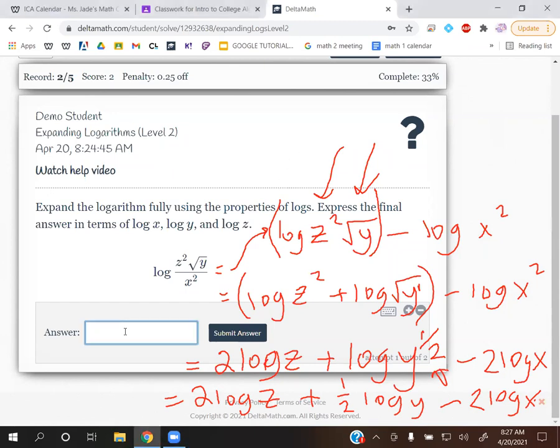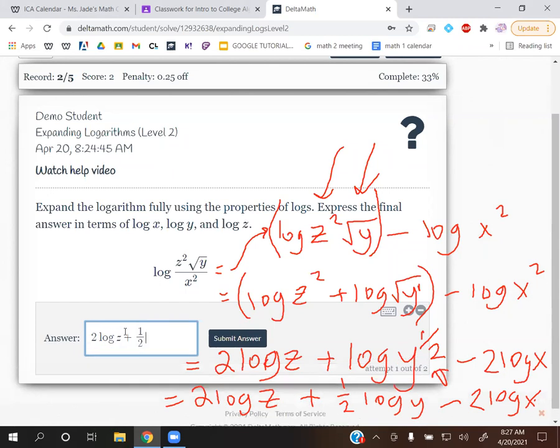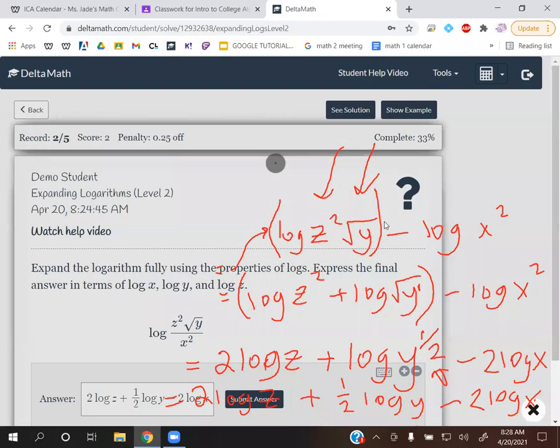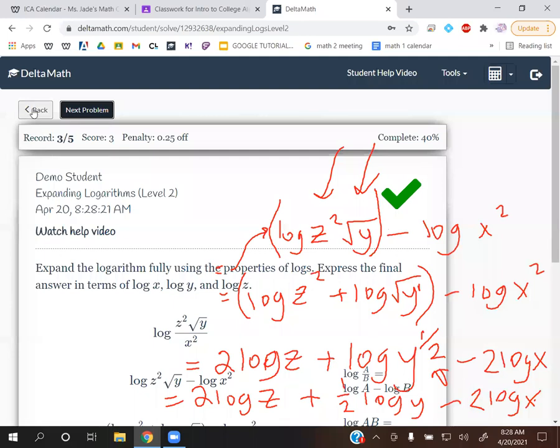But let me type it in. And then after I'm done typing it in, you guys can let me know if you have any questions. Okay, and then let's go to the next category.